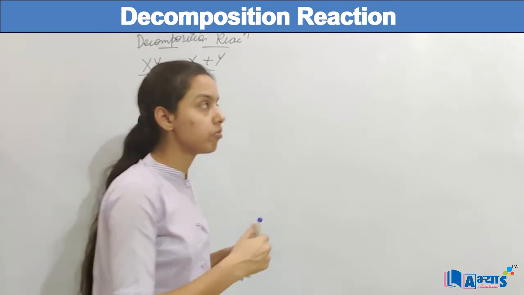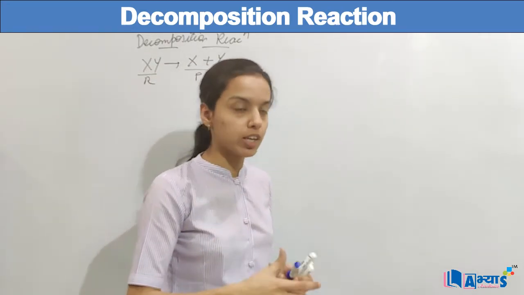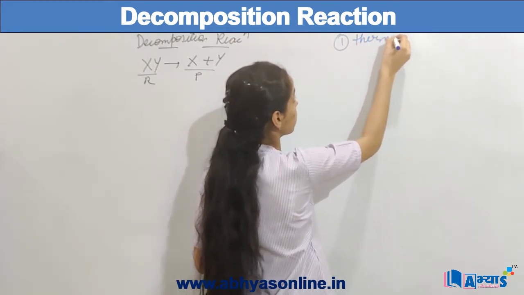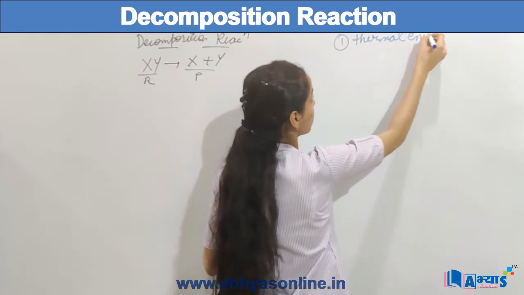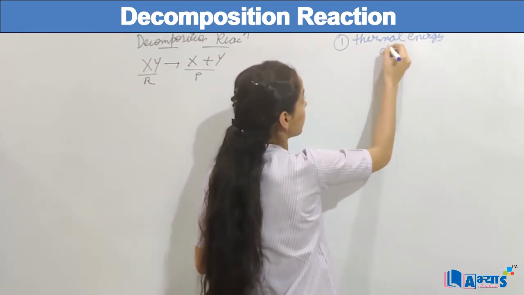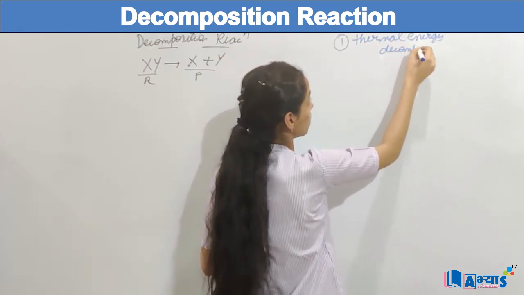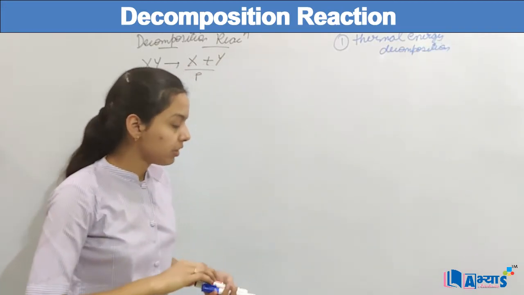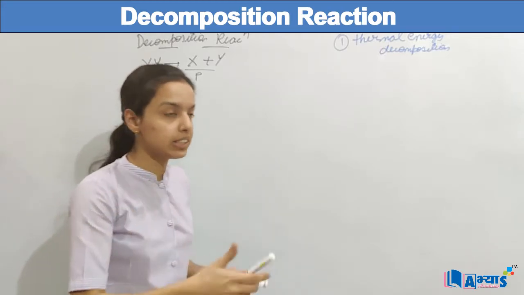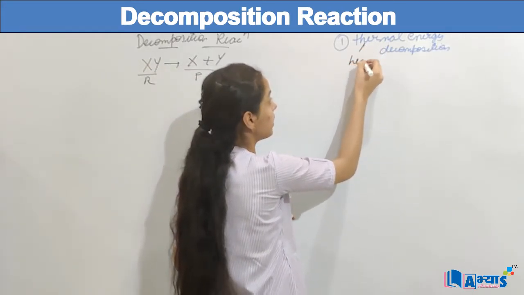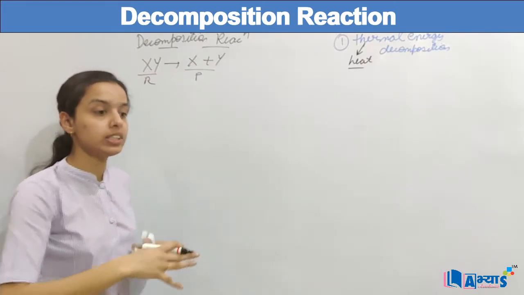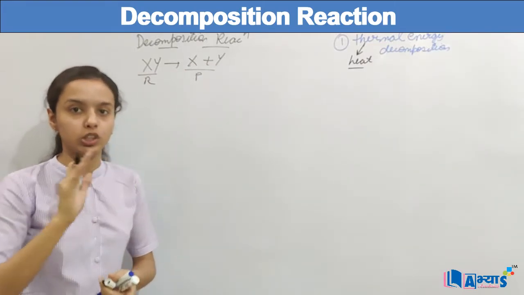So the first energy that we supply to such reactions is the thermal energy, or the thermal decomposition. So basically, thermal means heat. So when we are supplying the heat to decomposition reactions, they will become the thermal decomposition reactions.